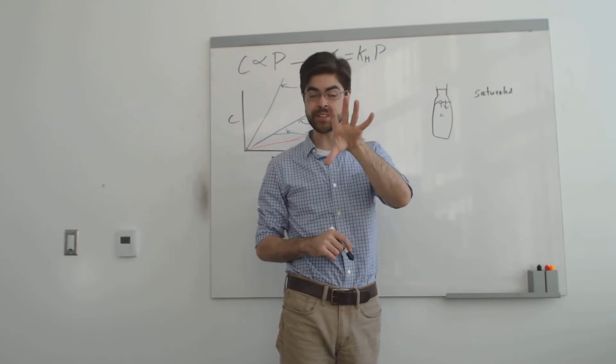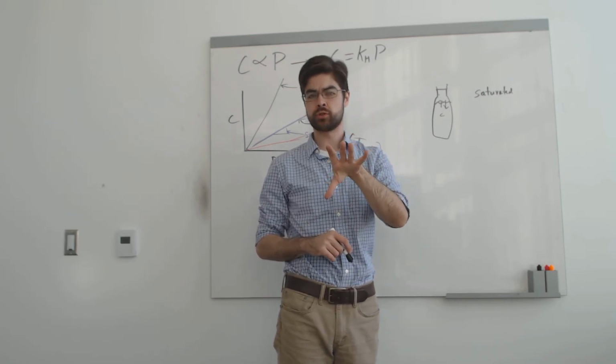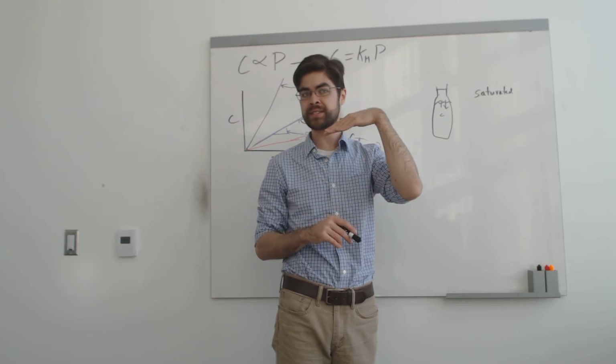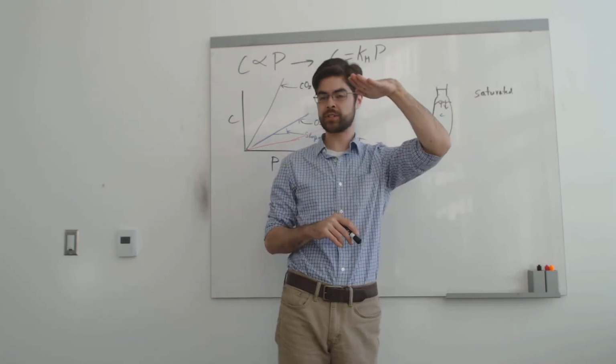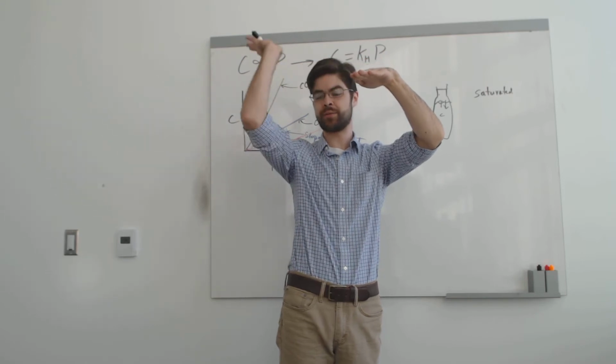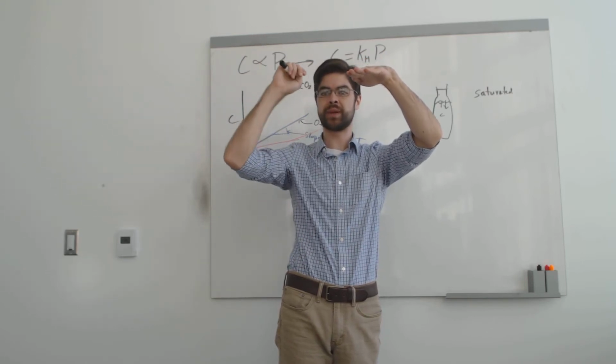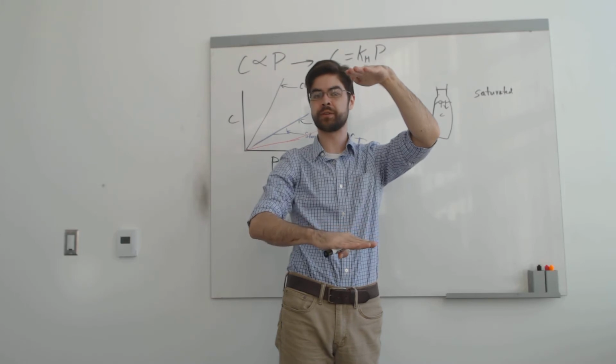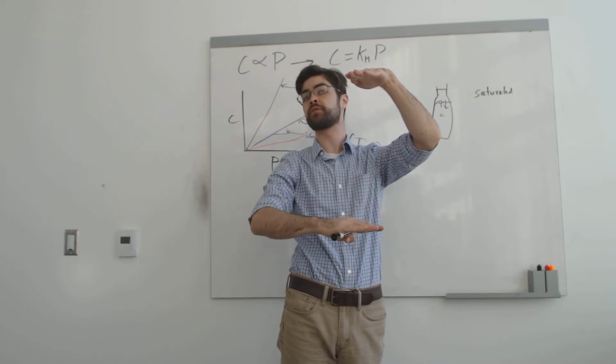Now the actual concentration of CO2 is above that. It started at a saturated solution, at a high concentration, and then all of a sudden I get rid of that excess pressure, which means that the fundamental solubility should be significantly lower.